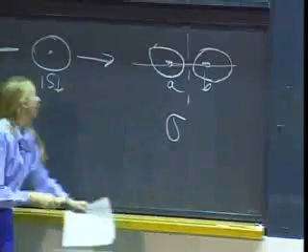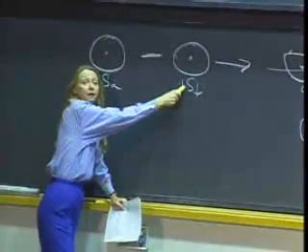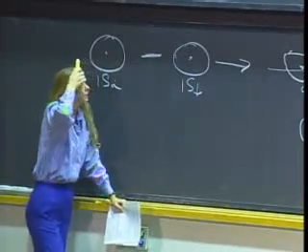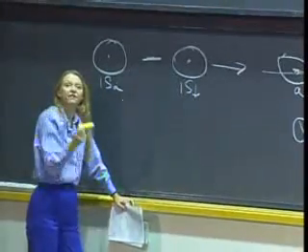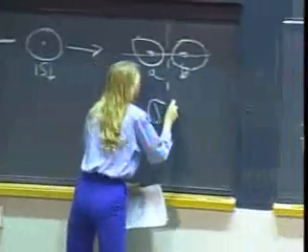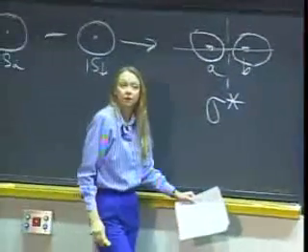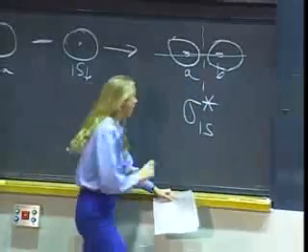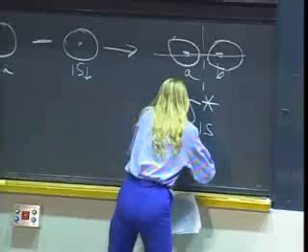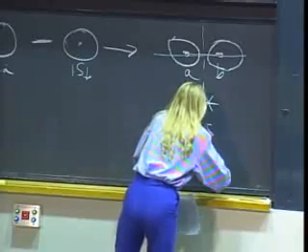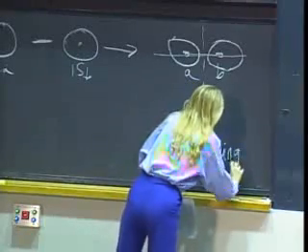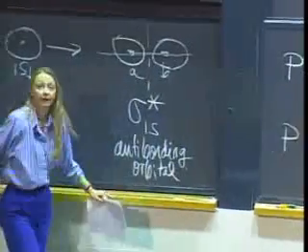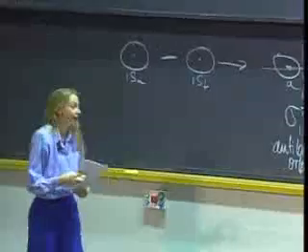But because it is a linear combination here that is a consequence of destructive interference, I'm going to call this sigma star 1s. That's an anti-bonding orbital, or an anti-bonding wave function. Okay? Now, how do I know that?